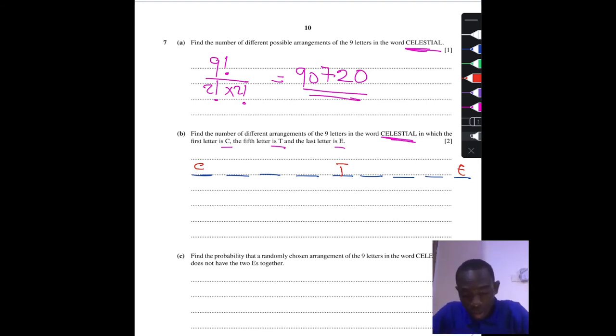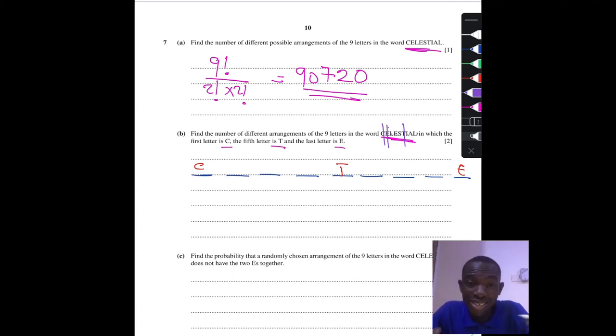How many slots are there? 1, 2, 3, 4, 5, 6. 6, and you are going to arrange how many letters more? Let's see. We took one of the E's out, the T, and then the C. So we are left with 6 slots.